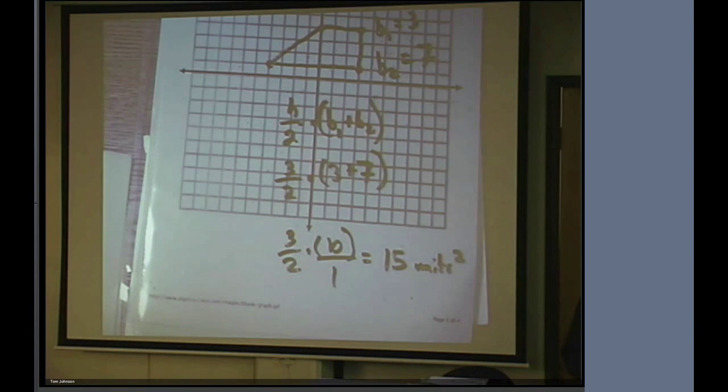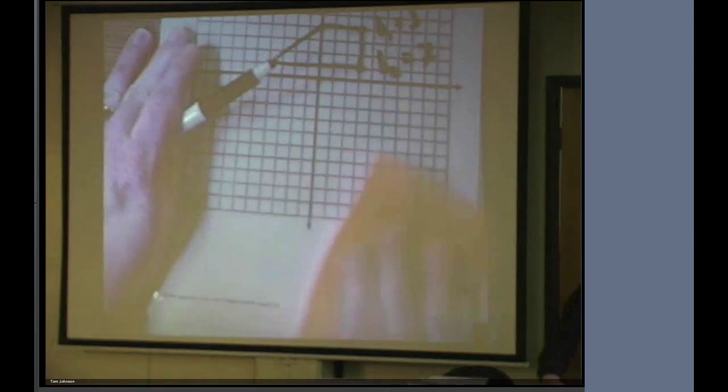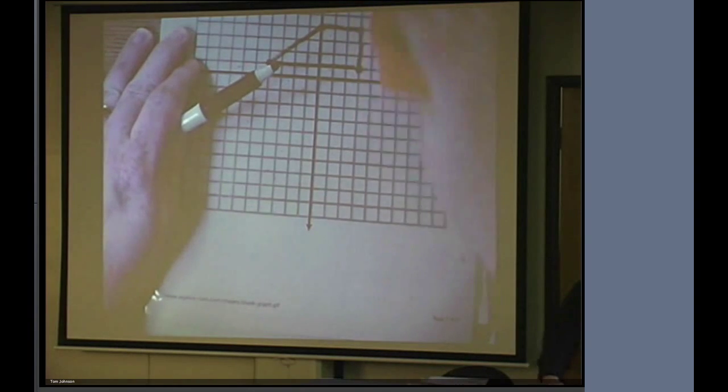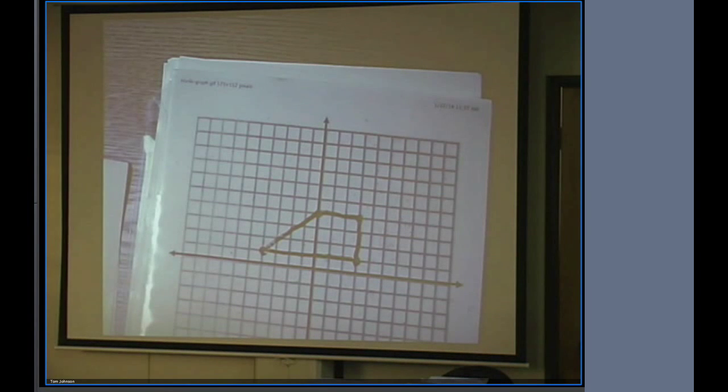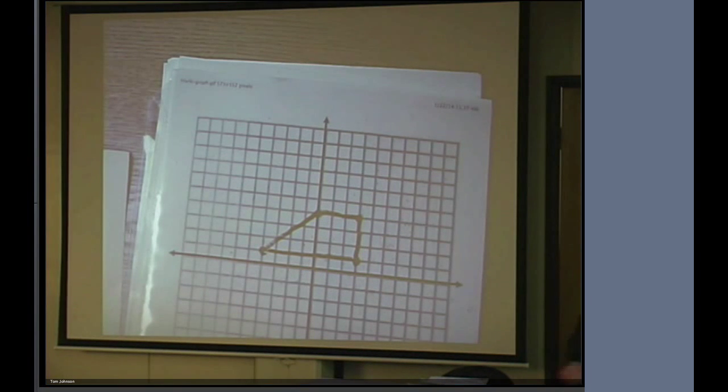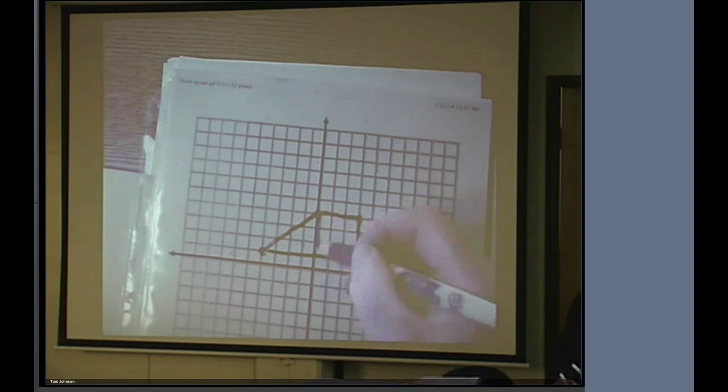Now, is that the only way to figure that? No. Let's say you forget or can't find the equation for the area of a trapezoid. How would you figure it? Well, we said earlier that we've got two shapes here, right? We've got a blue square. Isn't that a beautiful blue square?